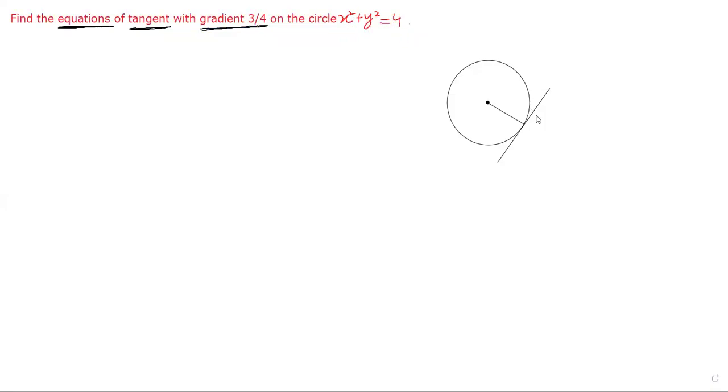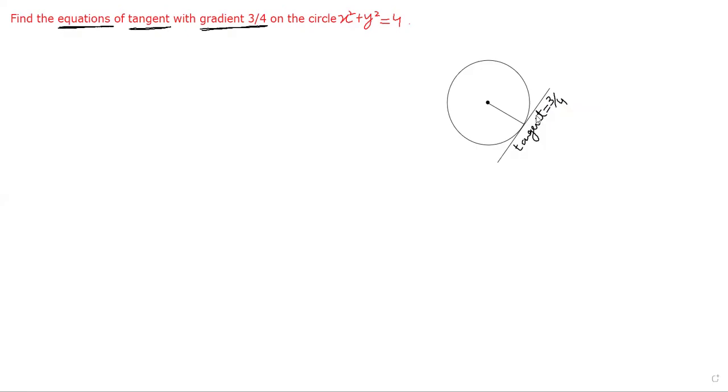So the first thing which they are telling us is that the gradient of tangent is 3/4.